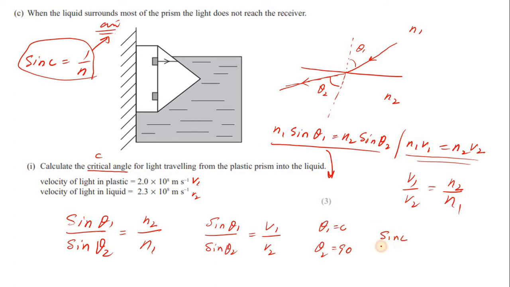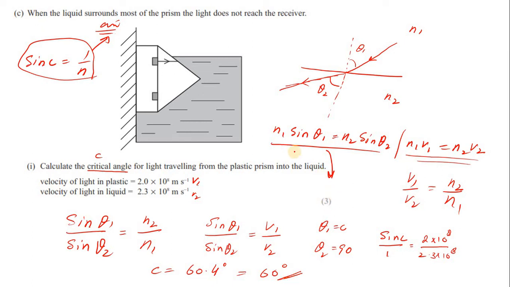So sine c divided by sine 90, which is 1, is equal to 2 into 10 to the power 8 divided by 2.3 into 10 to the power 8. And then if you solve this for c, c would be equal to 60.4 degrees, or you can round it off to 60 degrees. This is the critical angle.